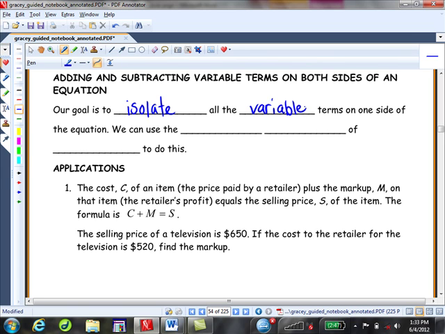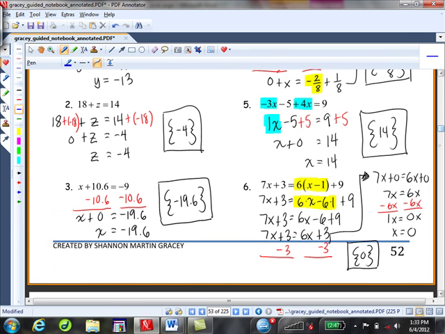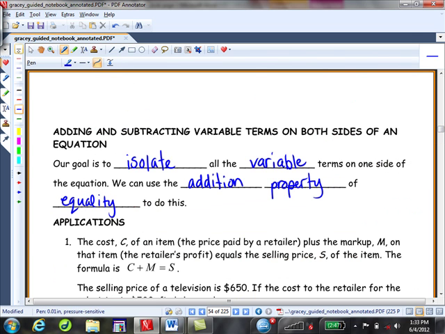We can use the addition property of equality to do this. And as I said, we just did an example, example 3, number 6.